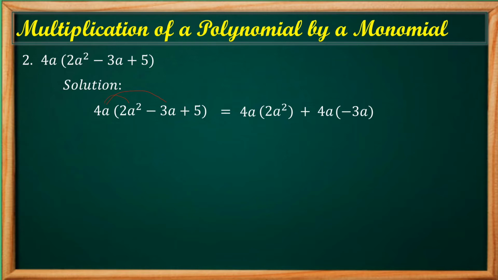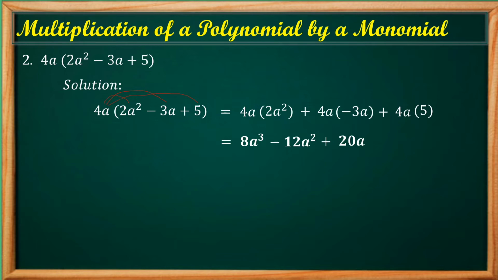The sign here is negative. Next, plus 4a times 5. Applying the laws of exponents, you will have 8a cubed. Then positive 4 times negative 3 is negative 12a squared. Then 4 times 5 is 20a. And that would be our answer.